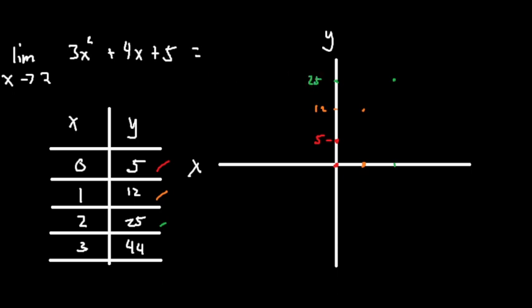Then, lastly, if x is equal to 3, y is equal to 44. Kunyari nandito yung 44. So, after you plot the points, we can just connect them. It's going to look like this.